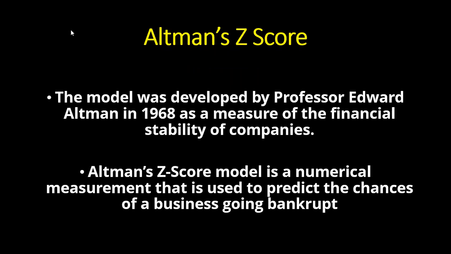The model was developed by Professor Edward Altman in 1968 as a measure of the financial stability of companies. The Altman Z-Score model is a numerical measurement that is used to predict the chances of a business going bankrupt. Initially, this model was designed to identify potential bankrupt firms.